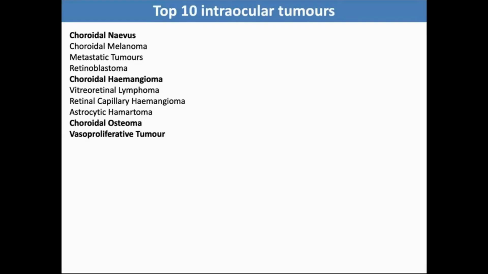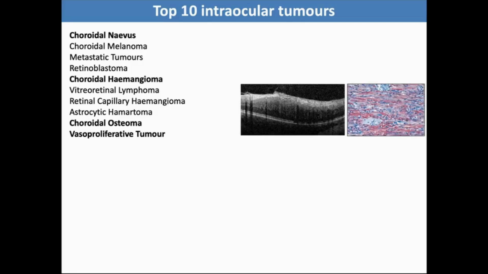So when it comes to non-neoplastic lesions, within the eye we can have choroidal hemangioma, and this is an example of one. This is an OCT, an optical coherence tomography image, and it shows the thickening of the choroid.